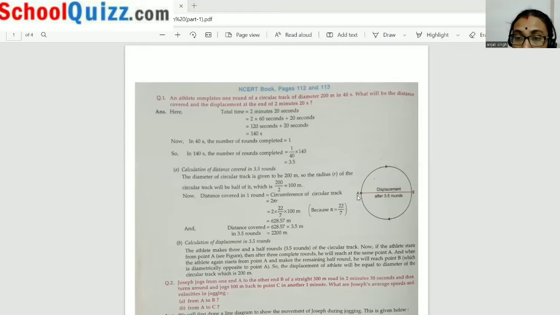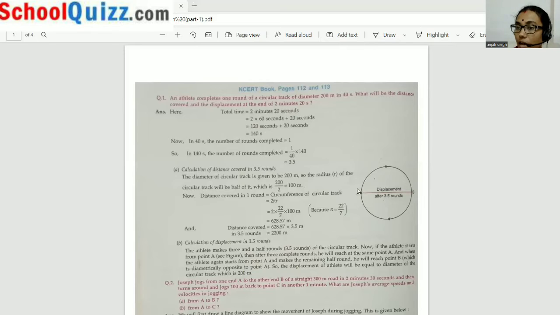And what about the 0.5 round? 0.5 round means from A to B only. For the 1 round, from A to A; 0.5 round means half, from A to B. So here the displacement of the athlete will be equal to the diameter of the circular track because he completed only half a round from here to here.